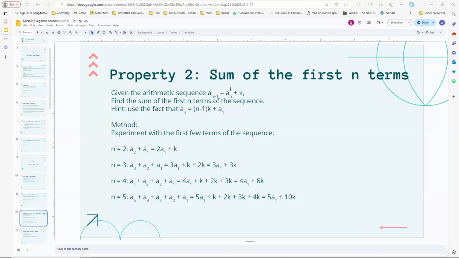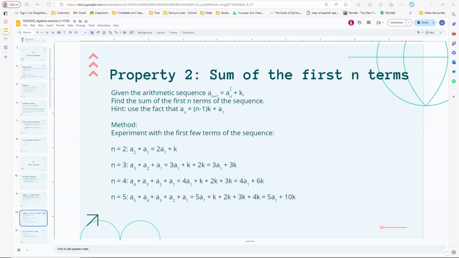Because every time you advance a term, you add another copy of the common difference. So we're using the fact that a sub n is equal to a sub 1 plus n minus 1 times k. So with that in mind, let's try to figure out the sum of the first n terms for a few small values of n.